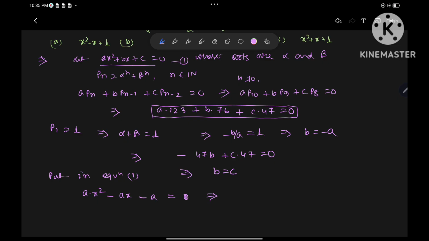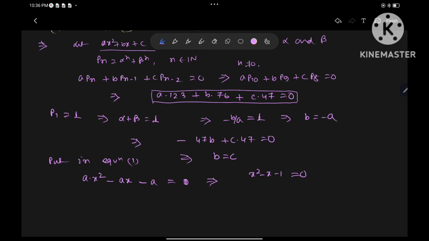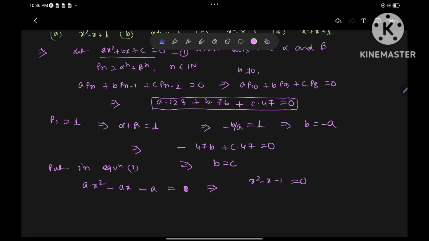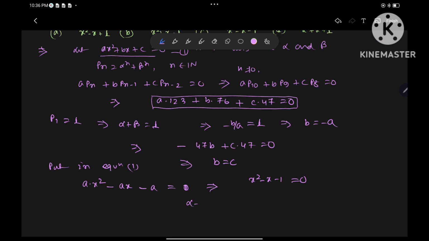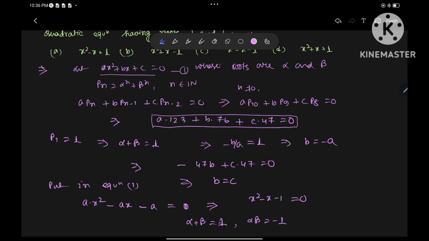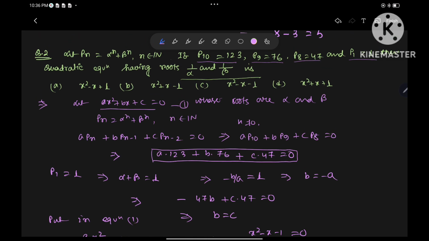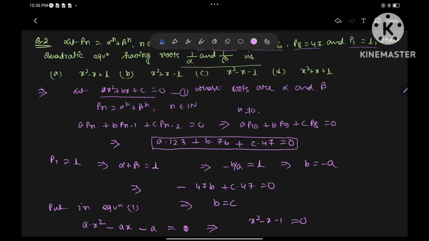So a is non-zero, so x square minus x minus 1 equals 0. So this is the quadratic equation whose roots are alpha and beta. Okay, so here alpha plus beta equals 1, and alpha beta equals minus 1, and I have to find the quadratic equation whose roots are 1 by alpha and 1 by beta.